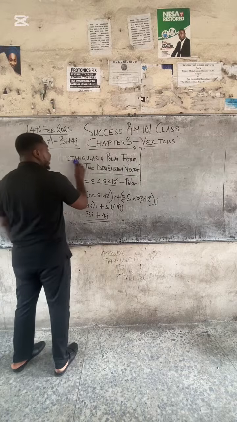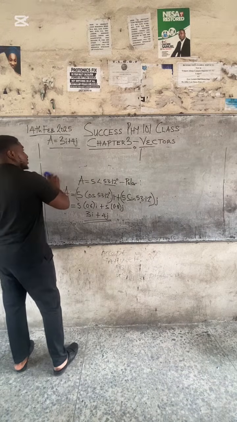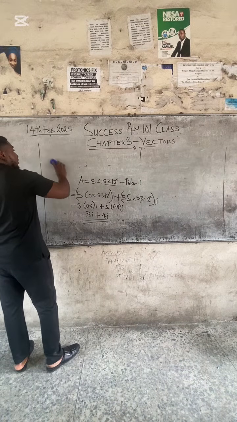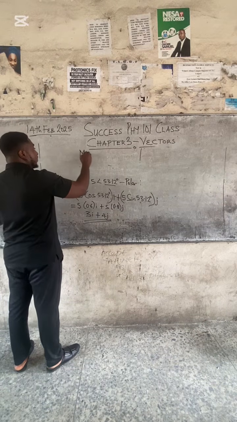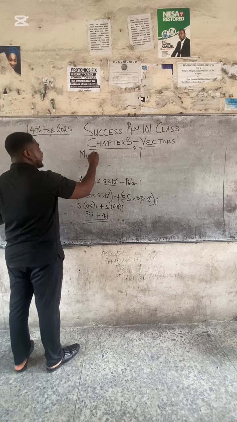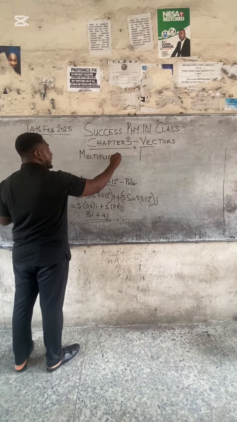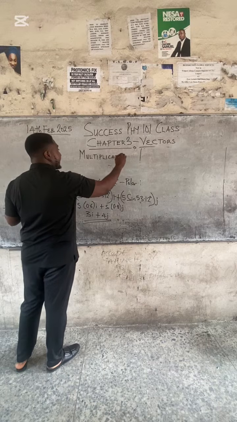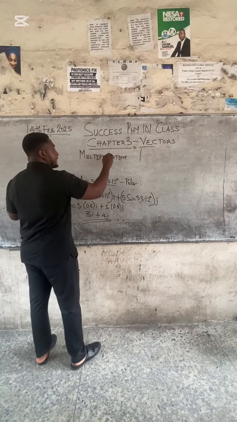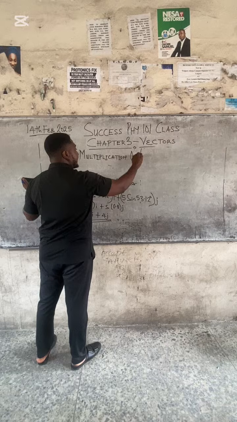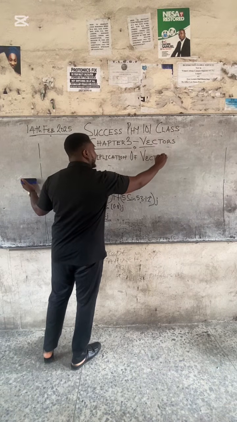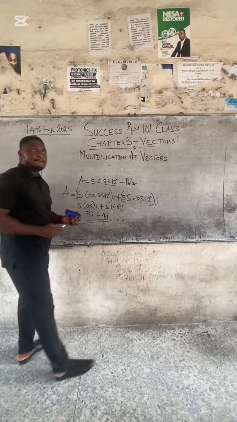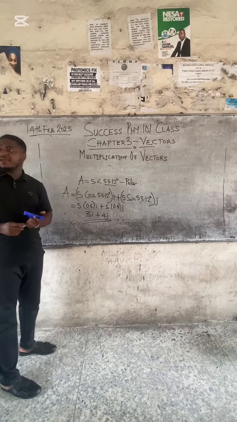Class, it's now time to look at multiplication of vectors. It's now time to look at what? Multiplication of vectors. That is where we have the scalar and dot product of vectors.